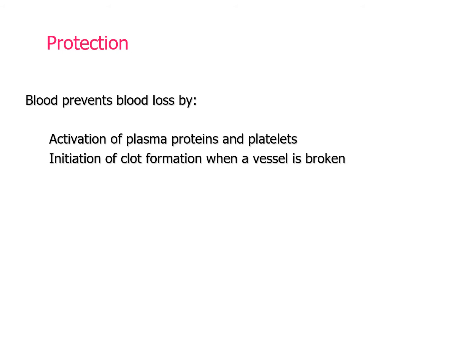Most of those, or all of those actually, are synthesized in the liver and secreted into the bloodstream, into the plasma. And also blood loss is prevented by activation of platelets. The initiation of clot formation occurs when a vessel is broken or torn or has some sort of opening in the wall.